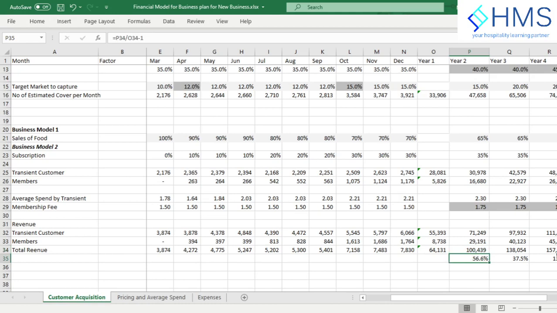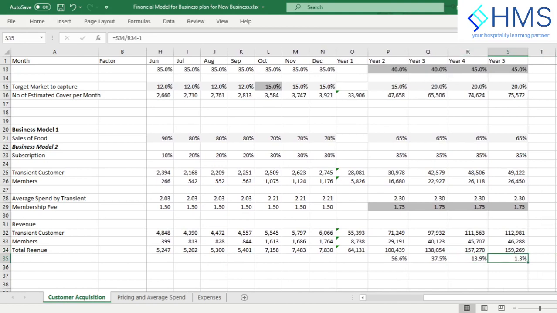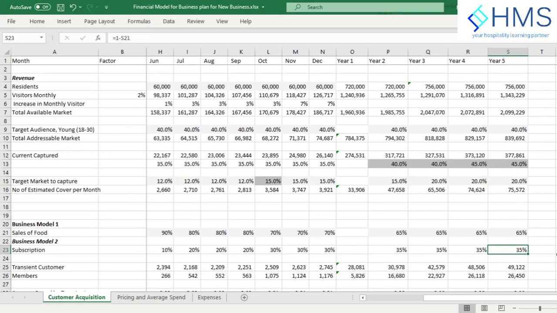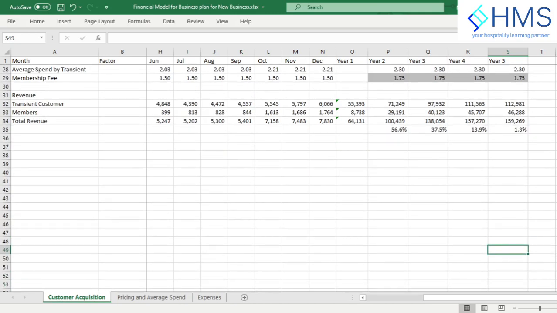Here you can see it's increasing by 57%, then the growth is 37%, then 13%, 14%, and then 1.3%. From year 5, normally we don't want to increase too much, because as per normal business prudence, year 3, year 4, or year 5 usually bring stable growth into the business, instead of incredible increases. So unless you are increasing the price, the business will grow only by the growth in monthly visitors or the addressable market, not by any other factor.